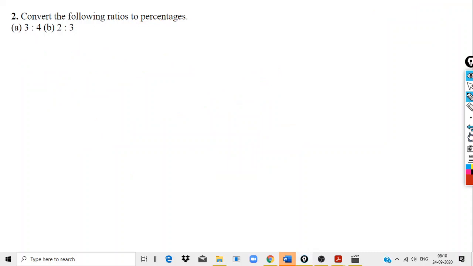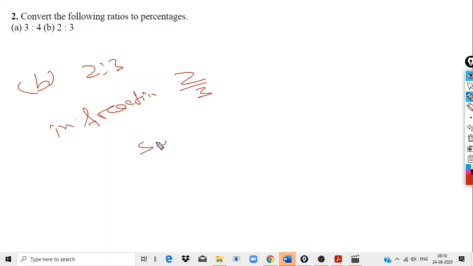Similarly you can move to B, 2 is to 3. In fraction you can write 2 by 3. Okay, so 2 by 3 into 100% is equal to, you have to simplify it.